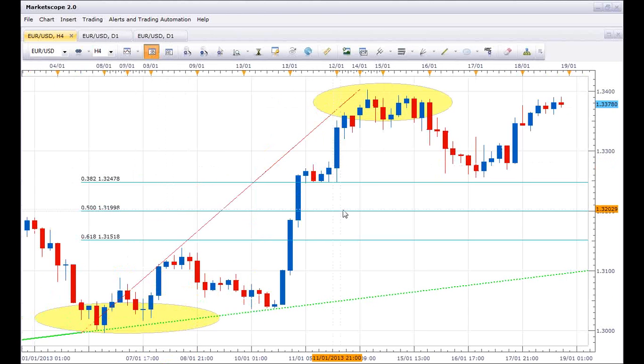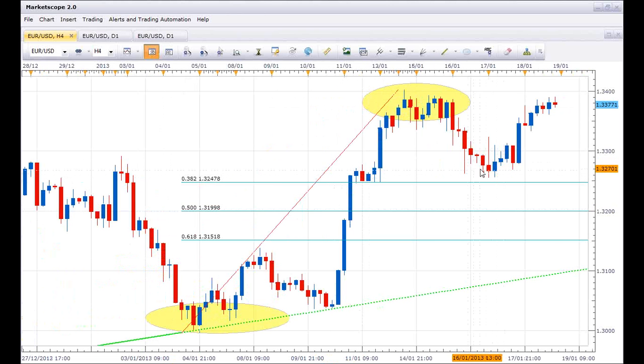And I think we entered about the 16th. Yesterday, 16th. Yep. So my entry was around this area here. This is in Eastern summertime, so it's an hour ahead. I didn't wait for it to come down.